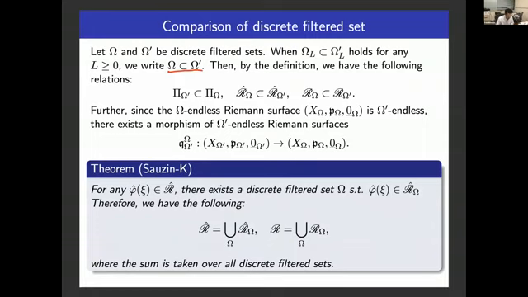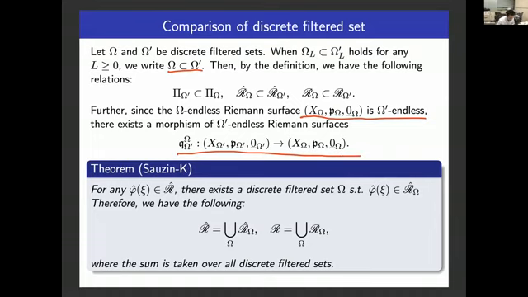Then by the definition, we have the following relations for pi_omega, R-hat_omega, and R_omega. And further, since the omega-endless Riemann surface X_omega, P_omega, 0_omega is omega-prime-endless in this case, there exists a morphism of omega-prime-endless Riemann surfaces. So in this way.